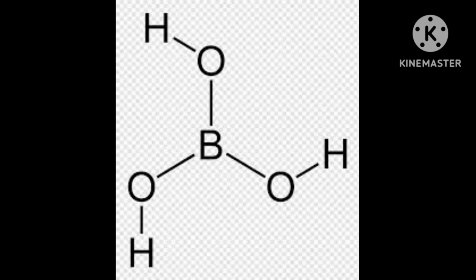It is not a protonic acid but acts as a Lewis acid by accepting electrons from a hydroxyl ion. Now we can write the reaction. B(OH)3, this is boric acid, also orthoboric acid, plus HOH. HOH means water molecules.